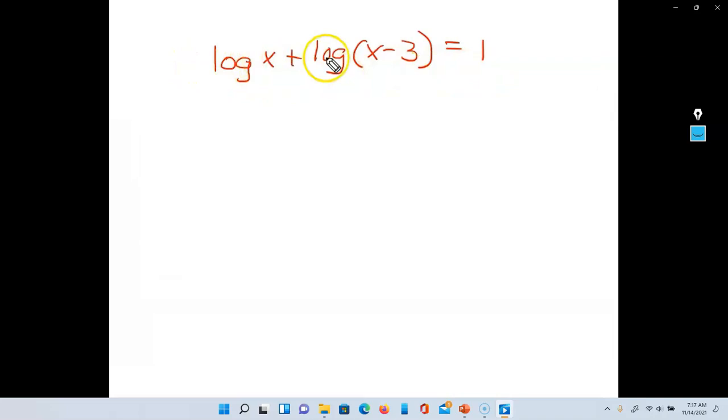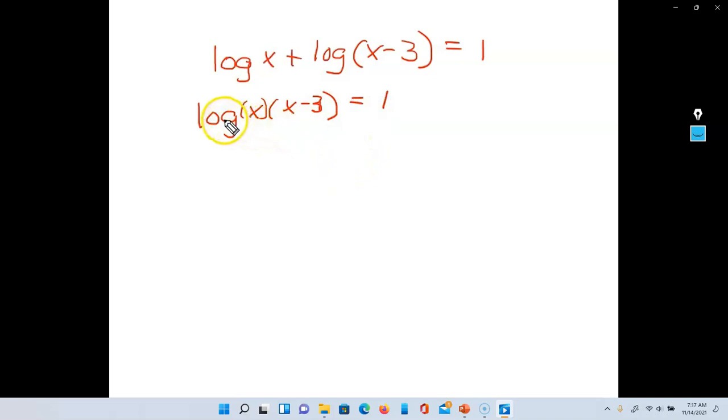So the first thing we want to do is put this in its condensed form. So this is going to be log of x times, because it's plus, x minus 3 here, and that equals 1.